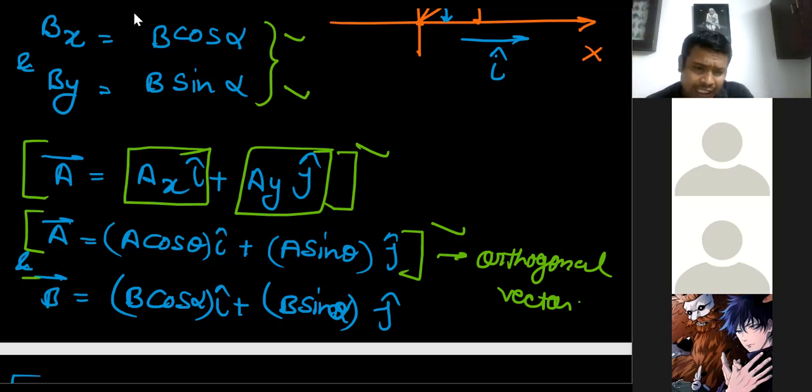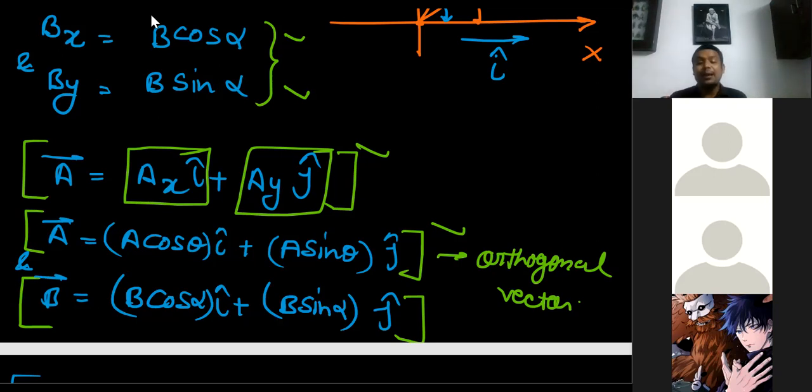Similarly, vector B is written like this: B cos alpha i cap, because the x component Bx is B cos alpha, and the y component By is B sin alpha. So we can write B cos alpha i cap and B sin alpha j cap. Now if you want to add orthogonal vectors, it is very easy. i cap adds with i cap, j cap adds with j cap.